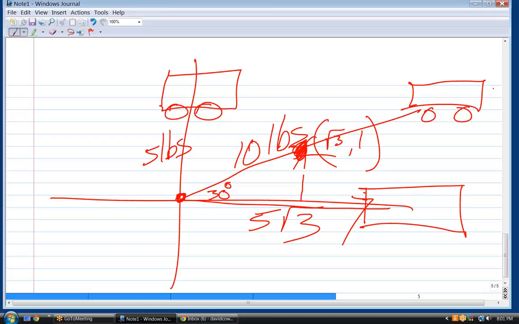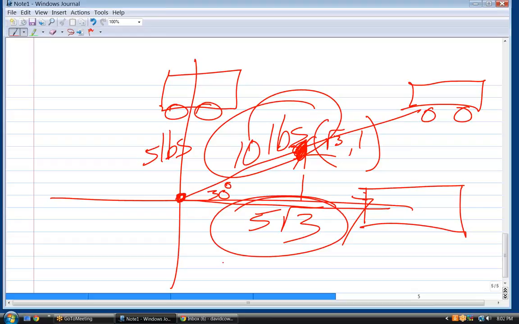In other words, if I have a truck pulling at a 30-degree angle on that, at 10 pounds, that's the same as the 2 trucks, one pulling north at 5 pounds and one pulling due east at 5 root 3 pounds. That produces the same exact effect on that chain.